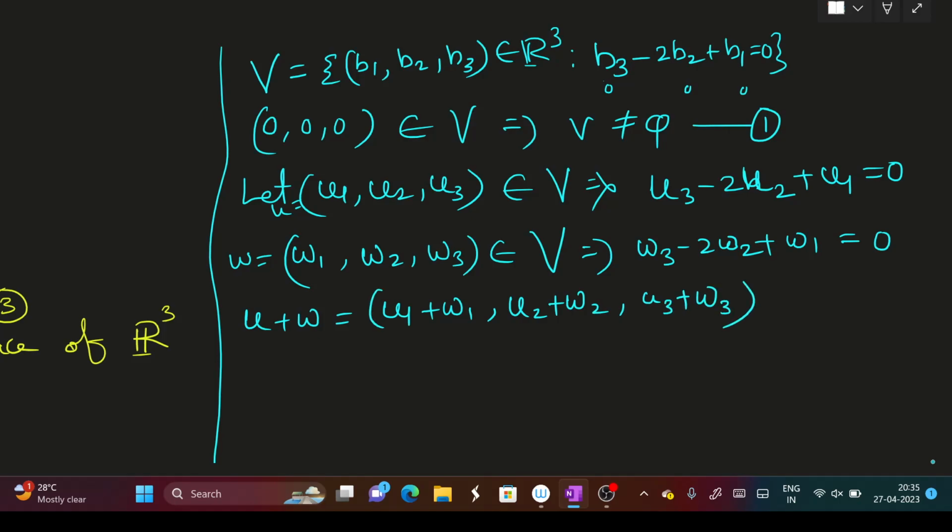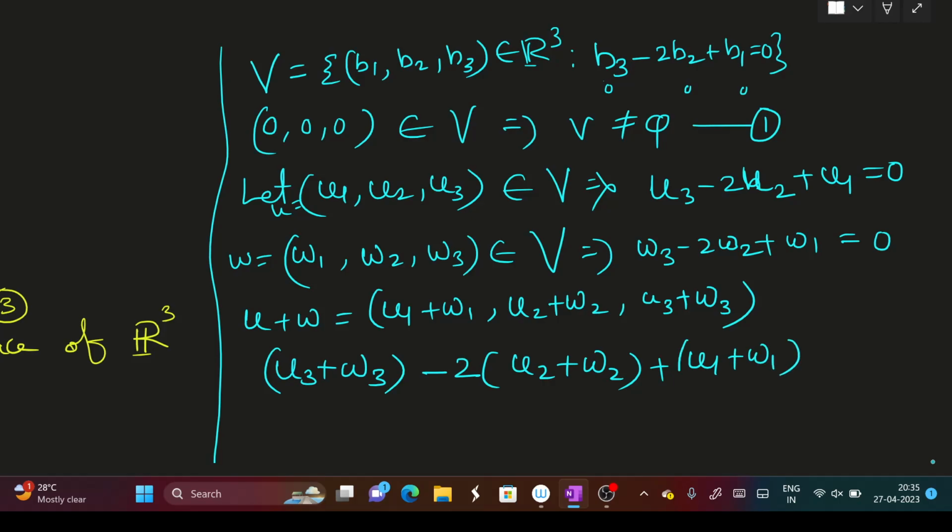Now let us see whether this vector belongs to V or not. The third component, U3 plus W3, minus 2 into the second component U2 plus W2, plus the first component, is equal to how much?